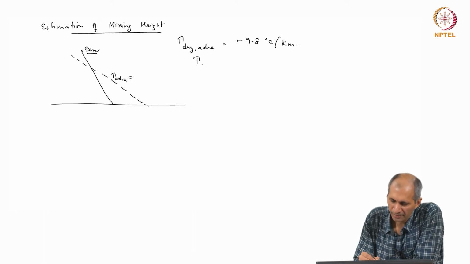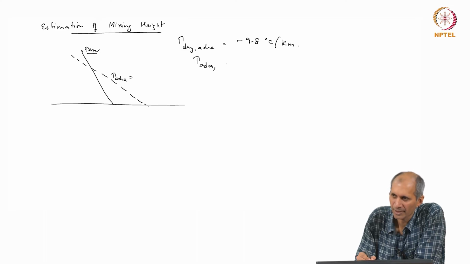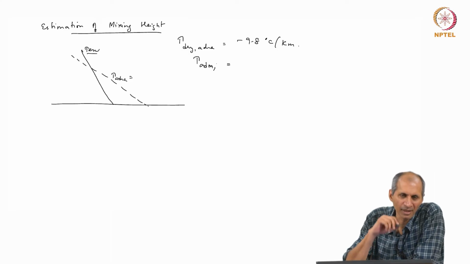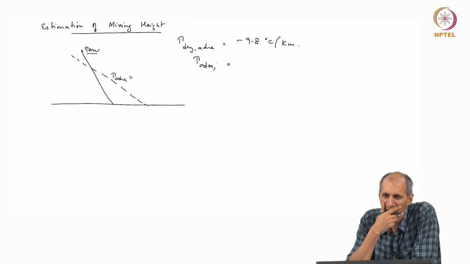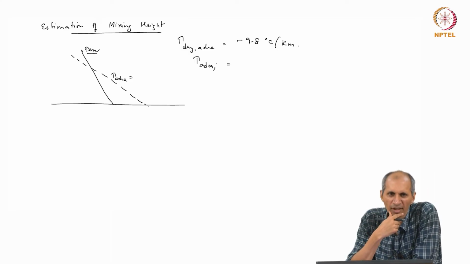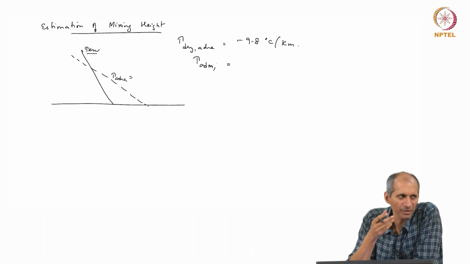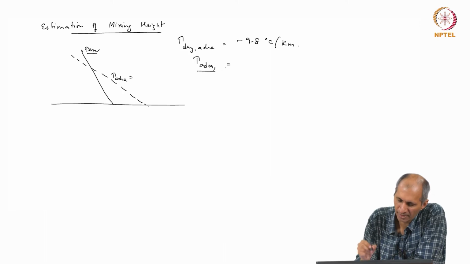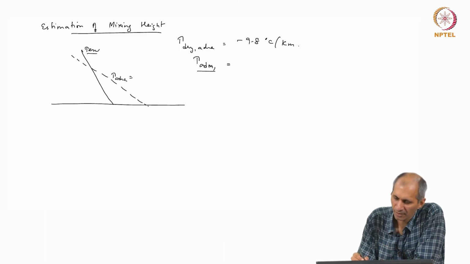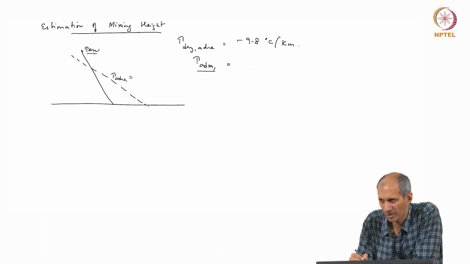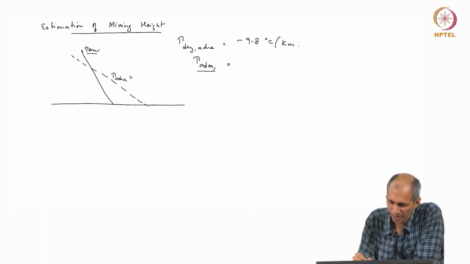But the adiabatic lapse rate that you normally find in the environment changes from place to place. Sometimes the air mass is wet, it is not dry, which means that there are other processes that may happen. So the actual adiabatic lapse rate will not be minus 9.8, it will be less than that, it could be around 6 or 7.